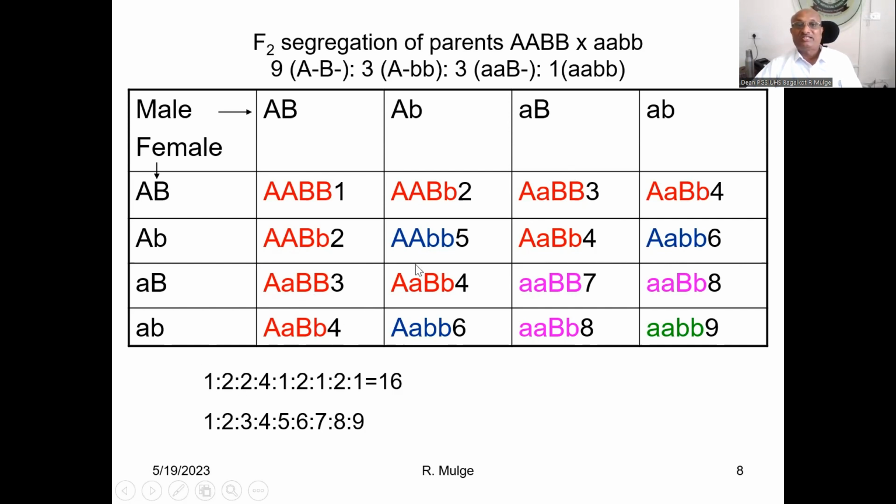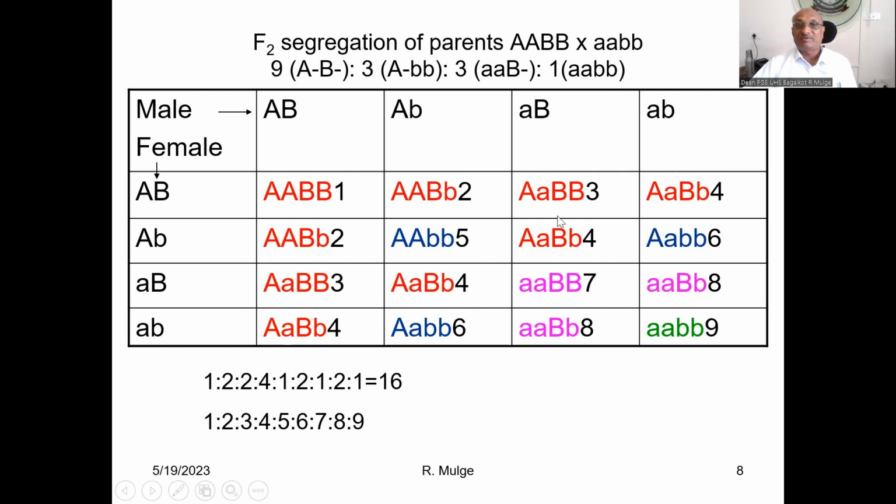The fourth one is heterozygous for both the genes: 1, 2, 3, 4. That's why the ratio is 4.